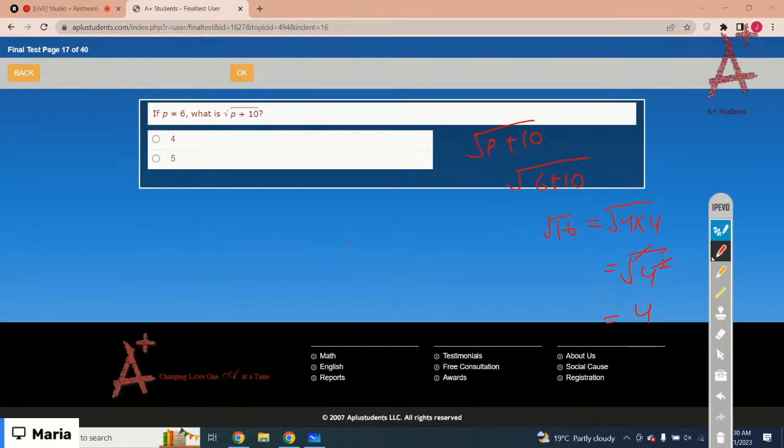Got it? What we have to do is simply replace the value of p. The value of p is 6, so 10 plus 6 equals 16. Basically, you have to write the answer in the simple form. So the correct option is option number 1.